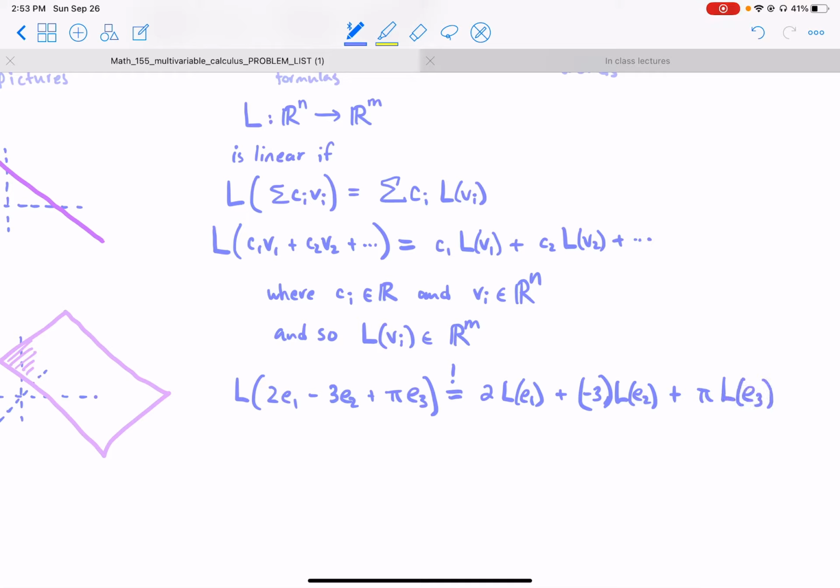So you see that the linear combination of e1, e2, e3 with coefficients 2, minus 3, and pi goes to a linear combination with the same exact coefficients of the vectors that the map L maps over.